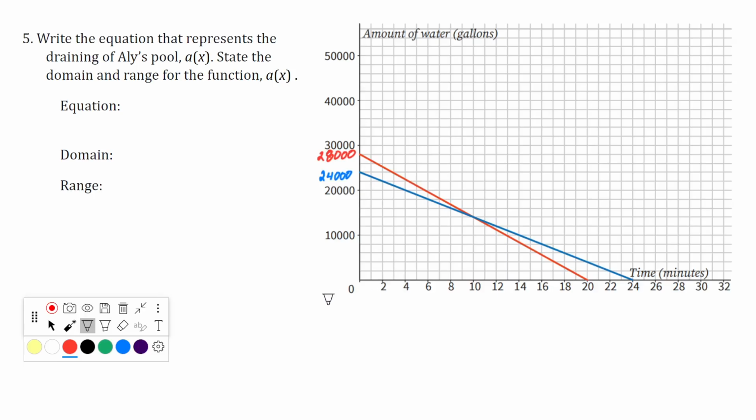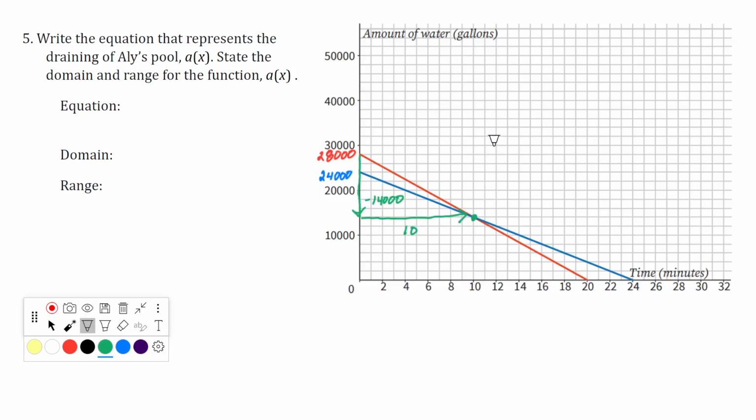To help me find my slope for Allie, I'm going to go to this point where the two functions intersect, which is at 14,000. So we go down 14,000, and we're going to the right 10 minutes.